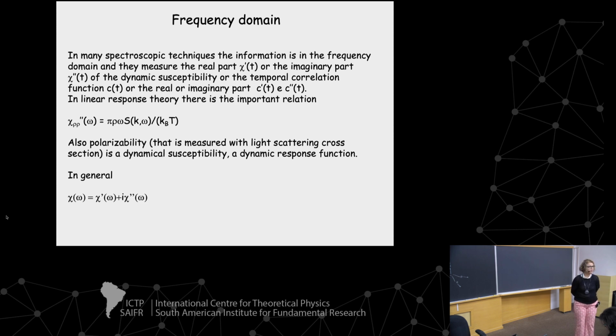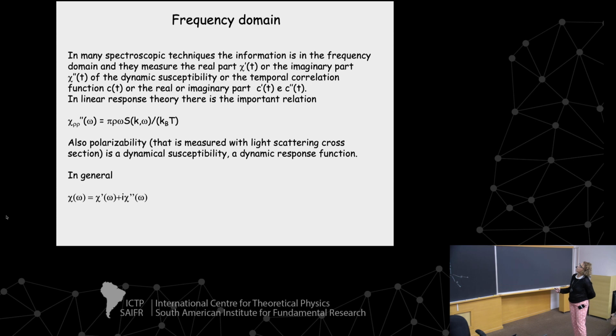When you do experiments, very often you get the S of Q,omega. So in many spectroscopies, the information is in the frequency domain. So they measure, generally speaking, the real part or the imaginary part of the response function, which is called the dynamic susceptibility, or they are linked to the dynamic susceptibility.